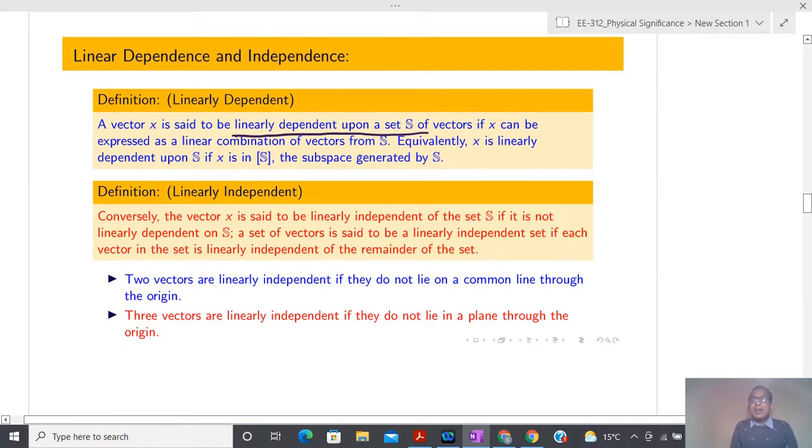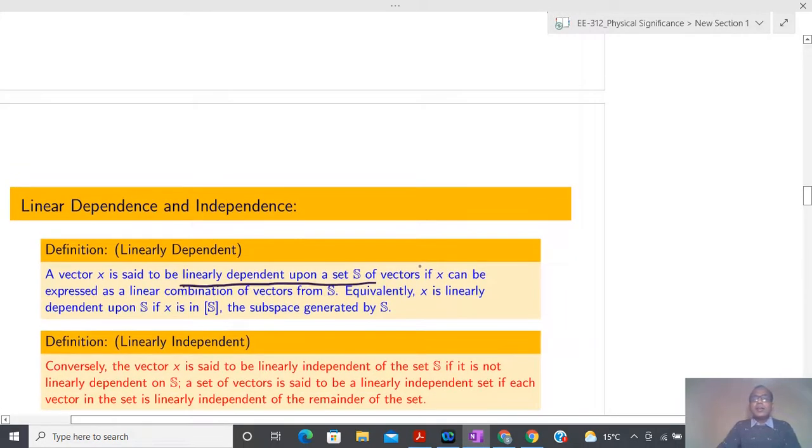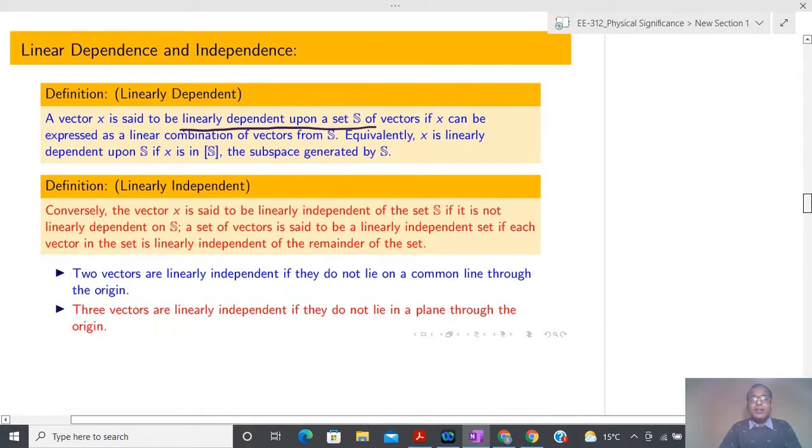The definition is just telling that suppose I have a vector space and I have collected some set of vectors. If any vector inside that collected set can be represented as a linear combination of the other vectors, then that is called linearly dependent.